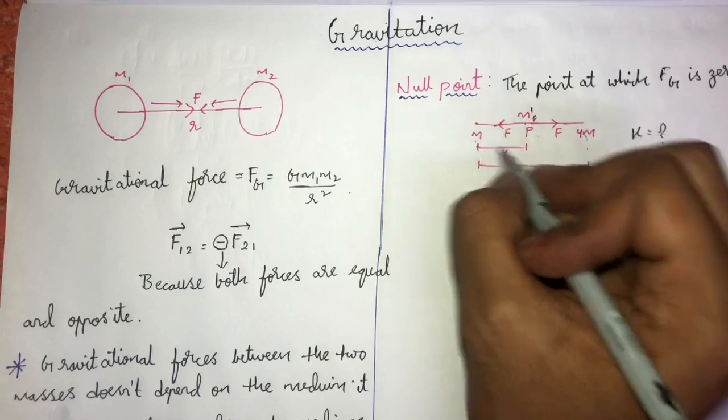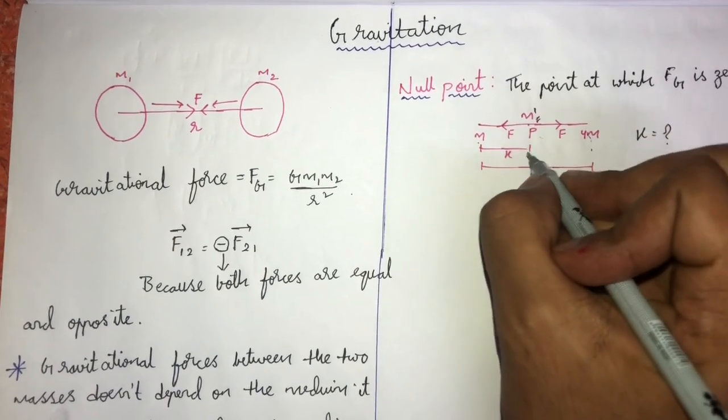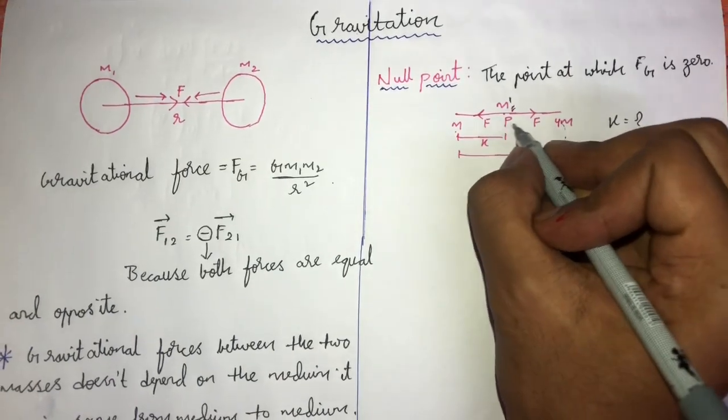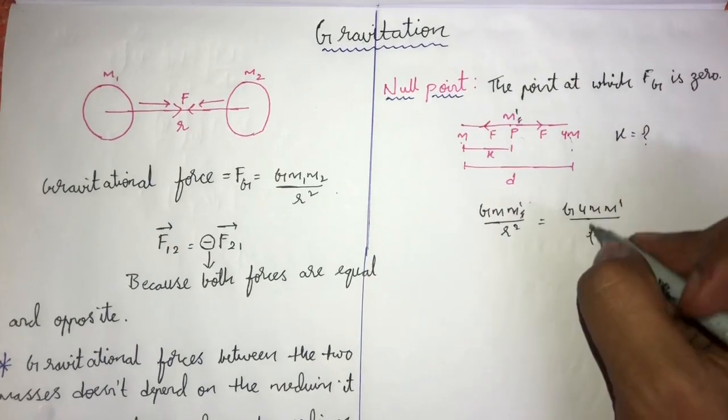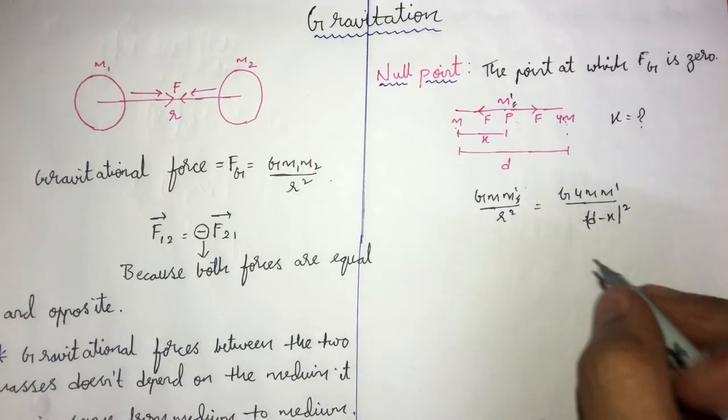Here the total distance between the m and 4m is d, and the distance between the m and m dash is x. Then the distance between the m dash and 4m will be equal to d minus x. So d minus x whole square.